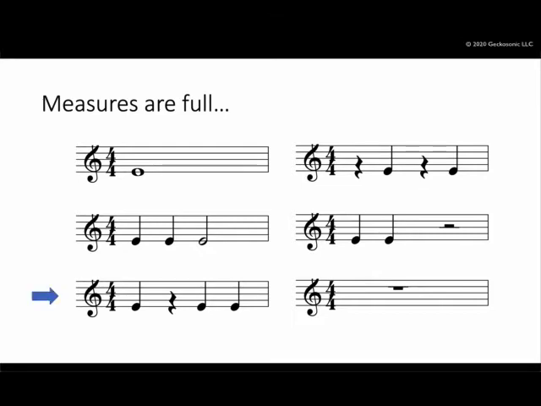In the third example, we finally see that quarter rest, which is taking up the second beat of the measure. So there's a quarter note, a rest, a quarter note, a quarter note, which equals 4 beats, taking up all the time of the measure.